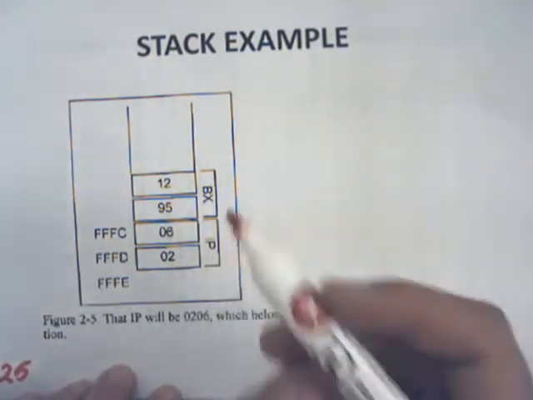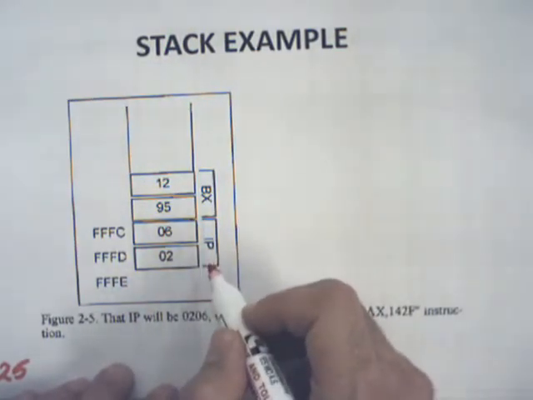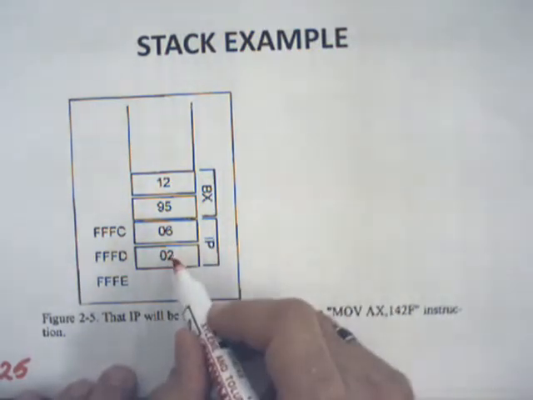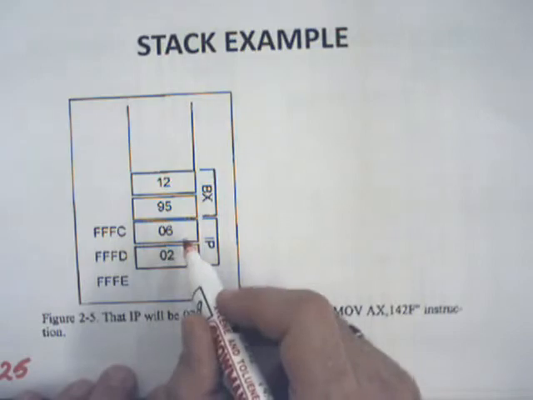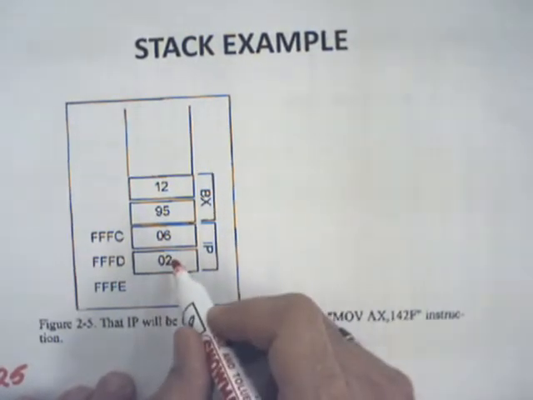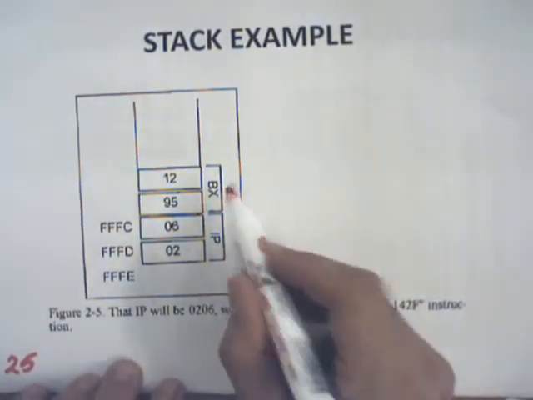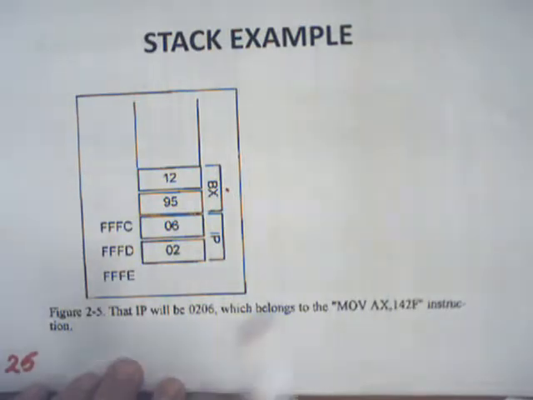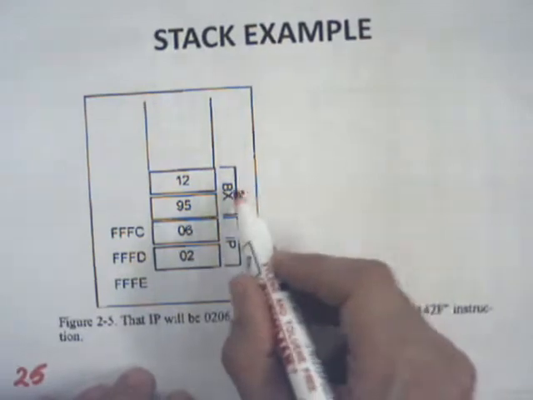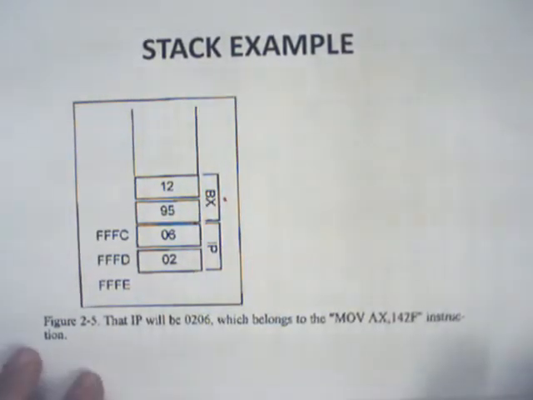So in the stack, for example, these two 16-bit registers are stored in little endian convention, so that 16-bit information is stored in two consecutive 8-bit locations. In this case, the instruction pointer and the data register BX, for example, are stored as shown.